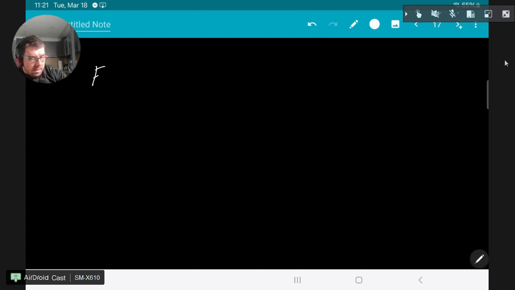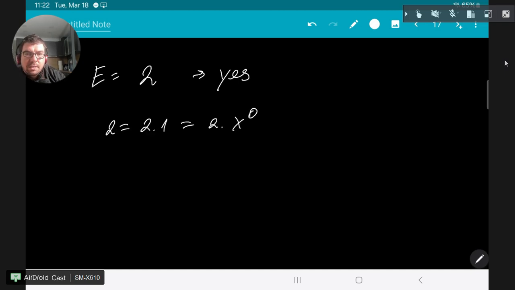What about the number 2, is 2 a monomial? Yes, 2 is a monomial. Why is it a monomial? By definition, the monomial has to be a product of a constant and a variable. So the constant is 2. Where is the variable? Well, I can always add the variable like this. 2 equals 2 times 1, and 1 is x to the power of 0.